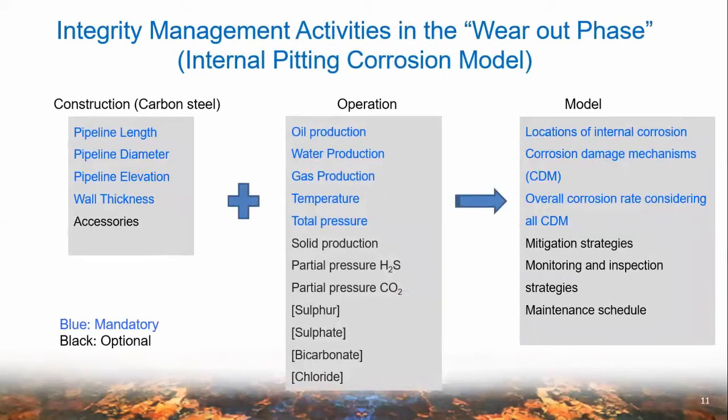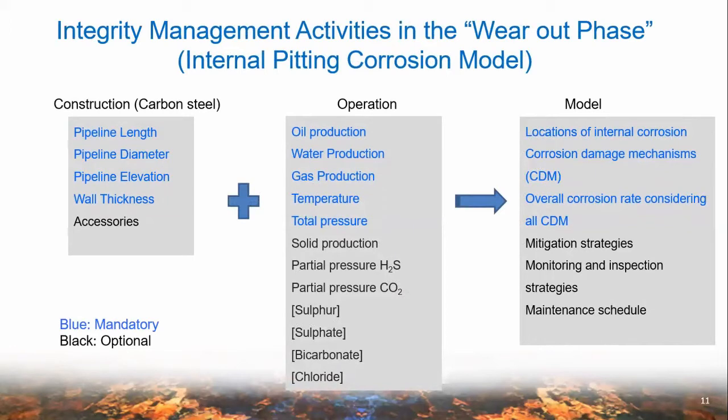Models provide a good starting point to control internal corrosion. However, the success of an internal corrosion model depends on two factors. First, the ability of the operators to at least provide the mandatory input parameters, as indicated in the blue color, both construction as well as operation.